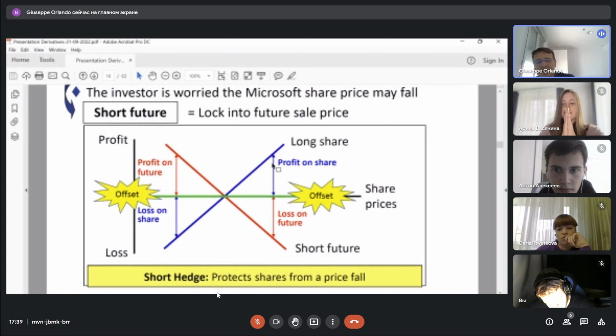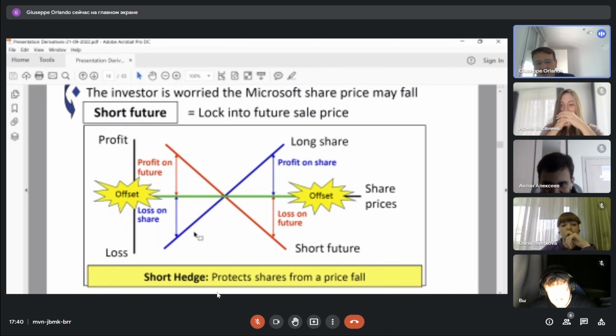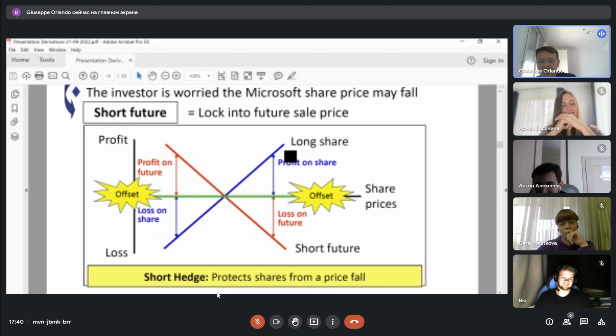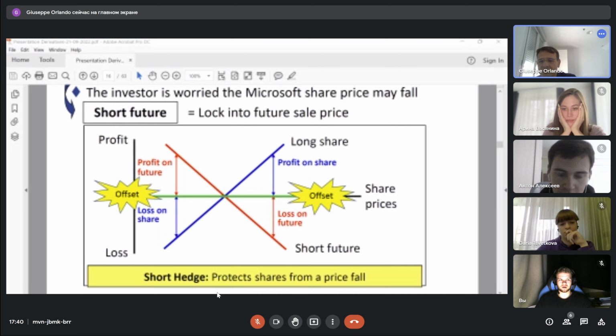Okay, so what happens in this case? You own this company, you have a security, and then you are long. So if the security goes up, you have a profit, but if the security goes down, you have a loss. So you see the blue one, Anton? Yes, I get it. Thank you. And then you are short future. So what happens?